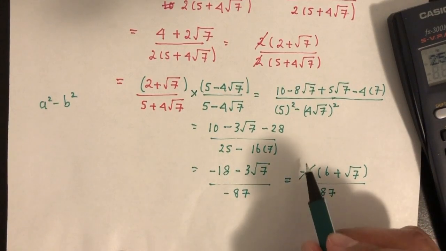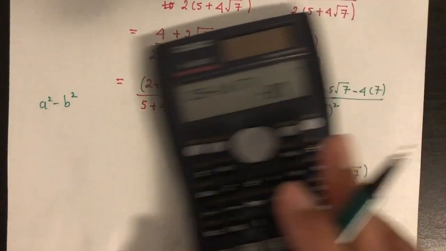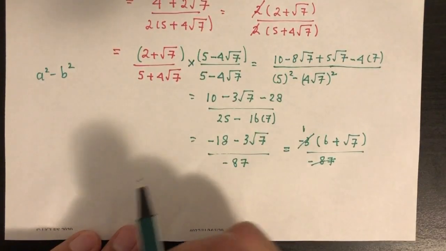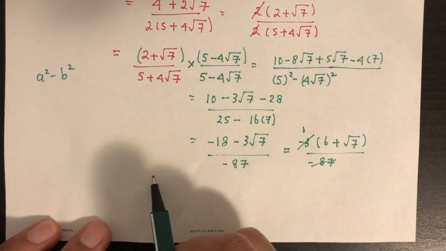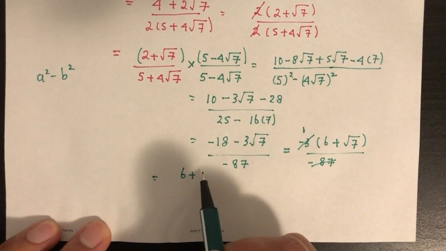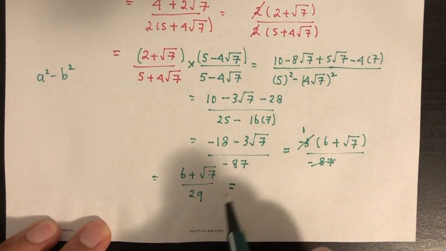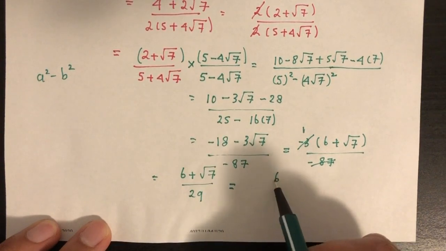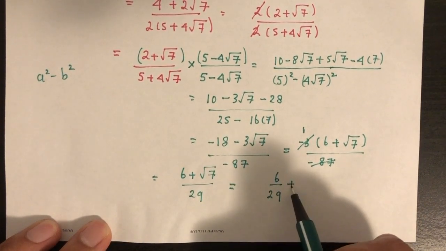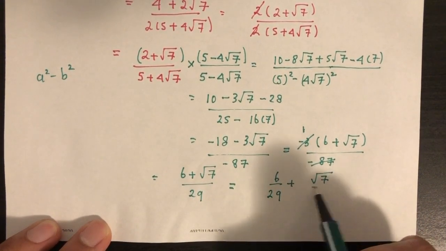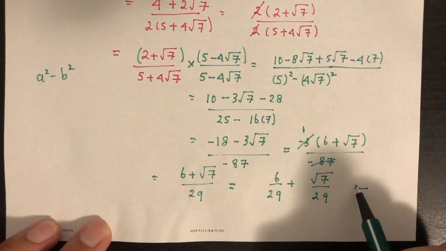So divide by minus 3, both top and bottom, that will be minus 29. So in the end, you will have 6 plus root 7 over 29. So 6 over 29 plus root 7 over 29 will be your answer.